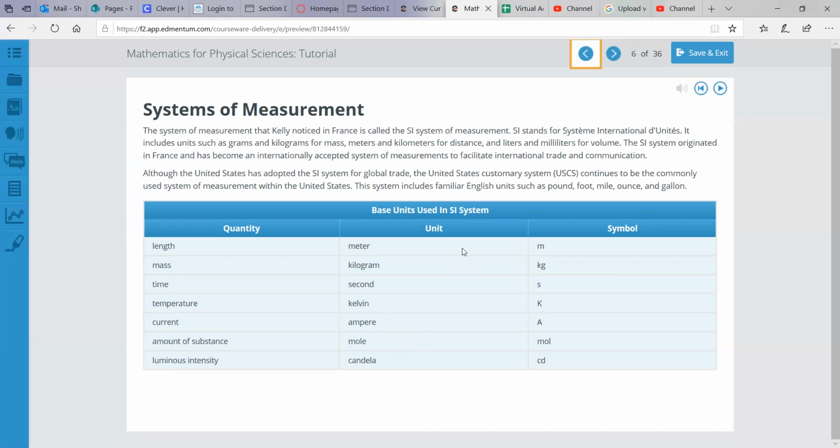And depending on the prefix that comes before this word, that tells you how large or small the unit is based on this first unit, okay?